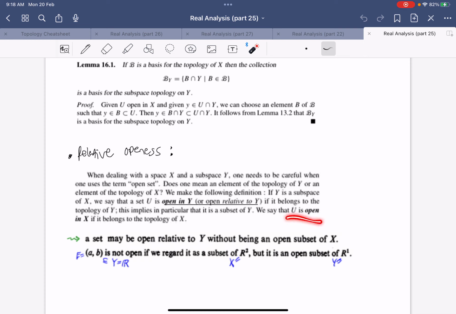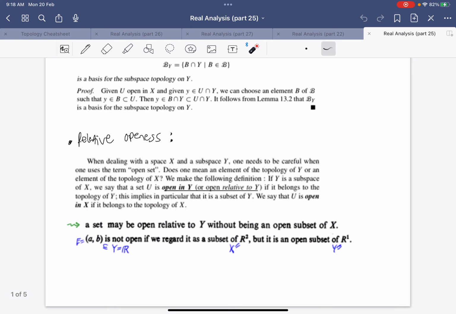And when we say that U is open in X, it belongs to the topology of X. So it really depends on the topology defined. So a set may be open in Y, but it is not an open set in X.